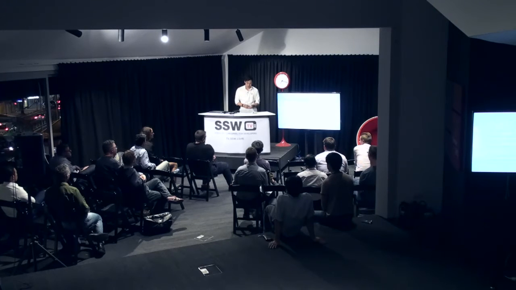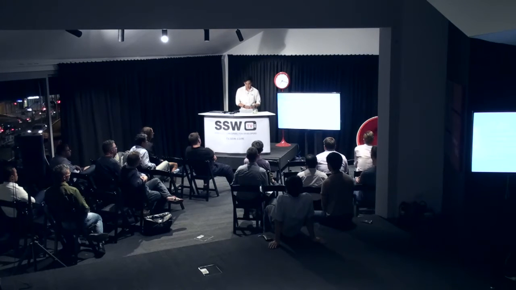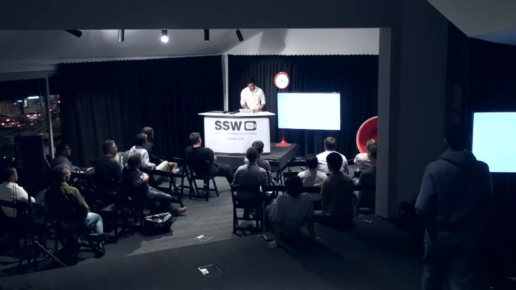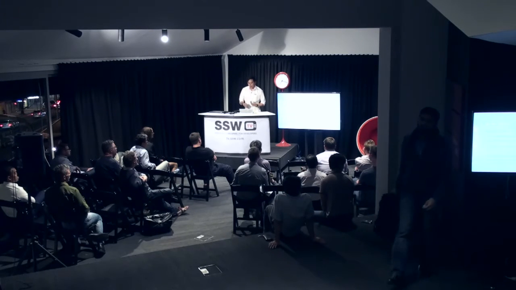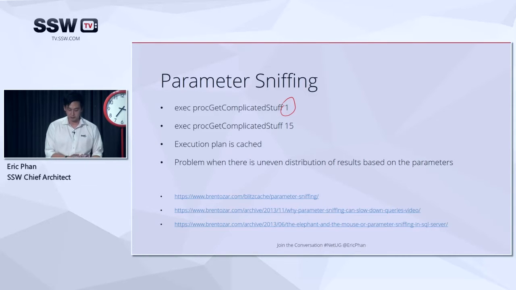Yep. So as Justin said, parameter sniffing is all about these extra parameters that we pass into queries or stored procedures. Essentially, SQL Server needs to generate an execution plan, a query plan, on how it's going to execute that stored procedure.